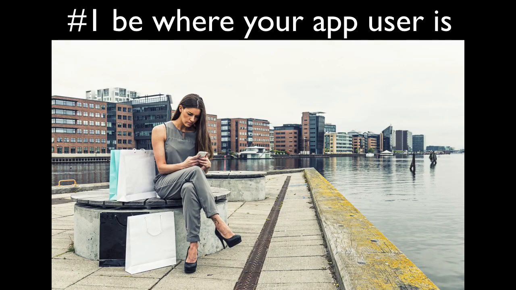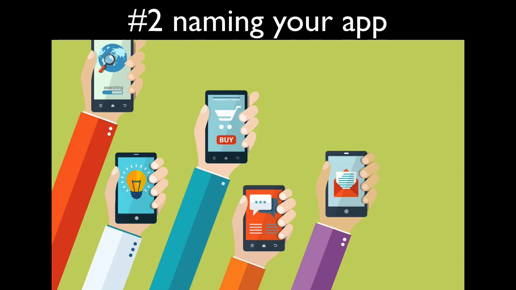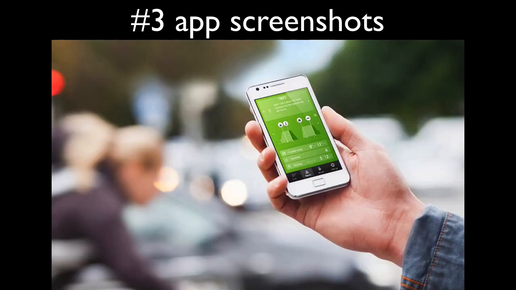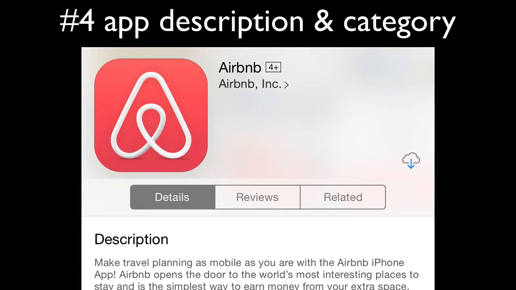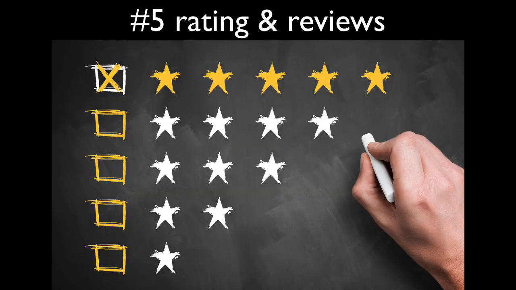One is be where your app user is, the naming associated with the app, the screenshots associated with the app, so the visual descriptions, then the textual description or editorial descriptions and categorization of your app inside the App Store, and lastly, the rating and reviews. Those are 5 elements that are going to help you drive downloads for your apps.